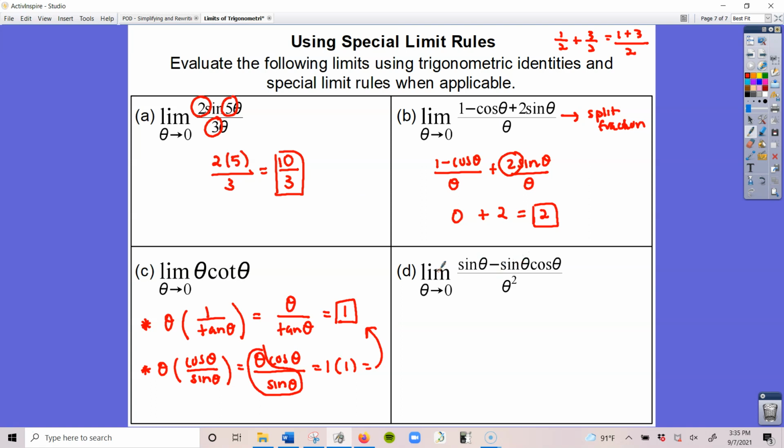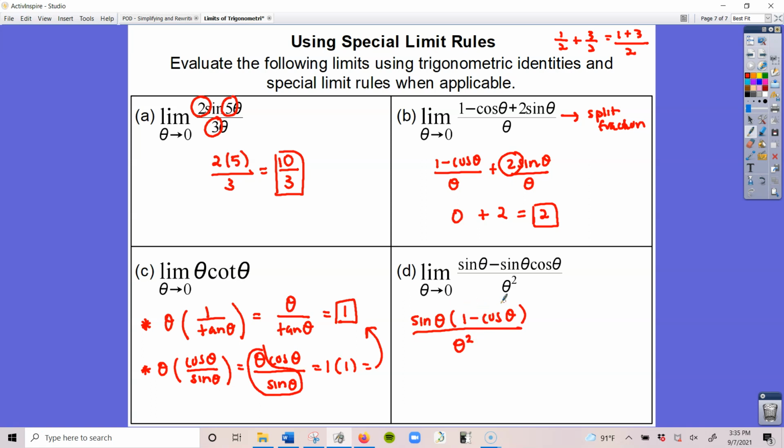Last one here, we have the limit as theta approaches 0 of sine theta minus sine theta cosine theta all over theta squared. Now, the first thing I notice in the numerator is that both terms have a sine theta, so we can factor out one of those sines, and that will give me 1 minus cosine theta, and everything is over theta squared.